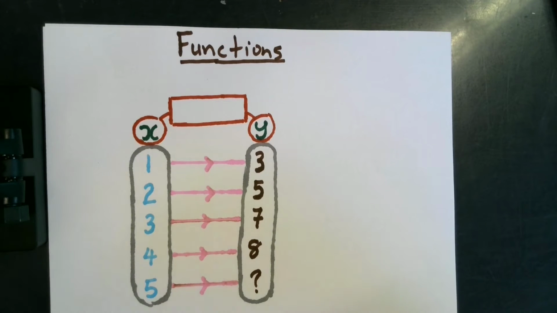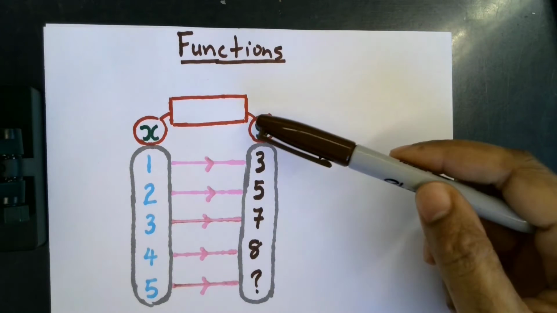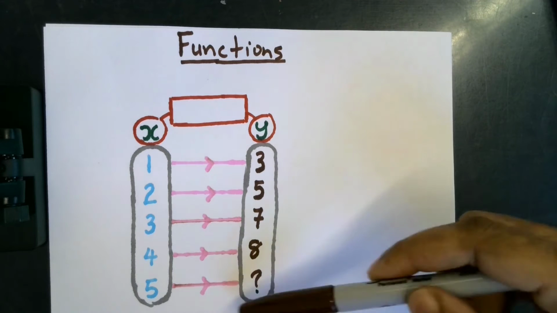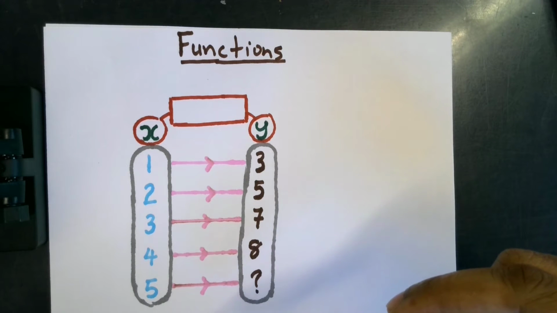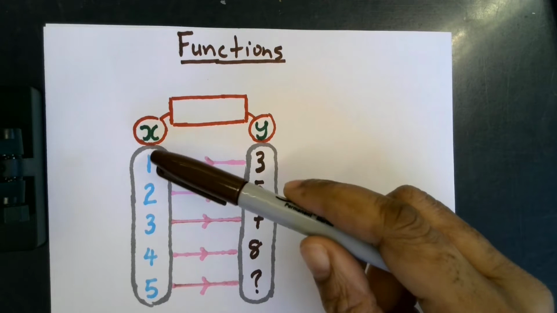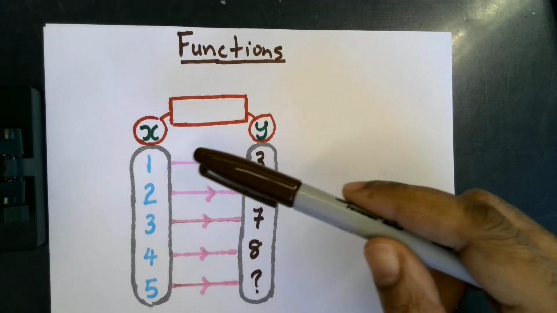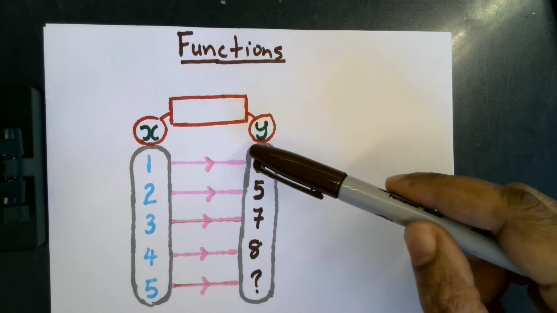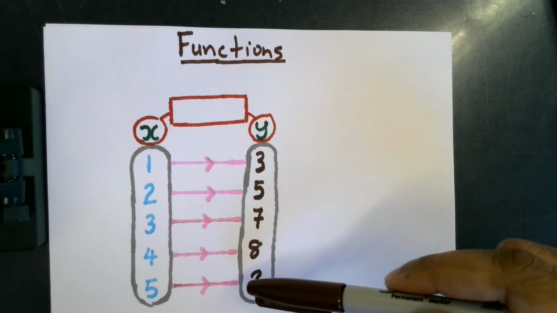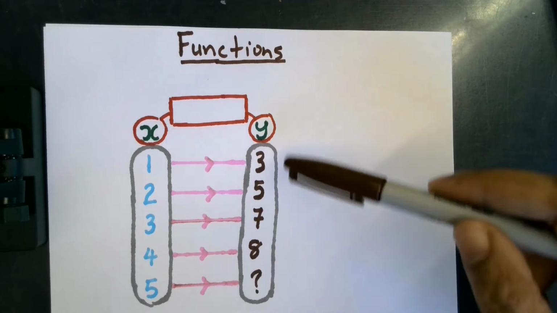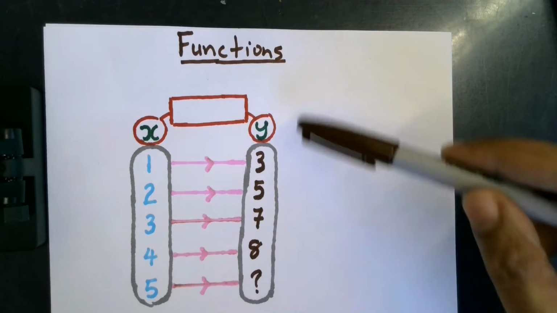Yes? And this set is mapped onto this set. Yes? Or each value in this set has been assigned to each matching value in this set. Yes? Now this set of numbers is called Y.